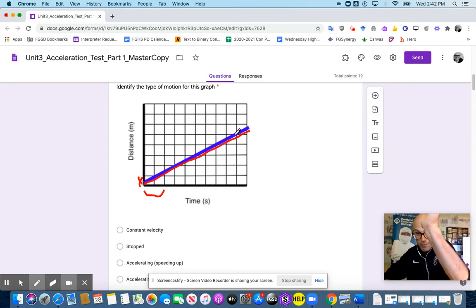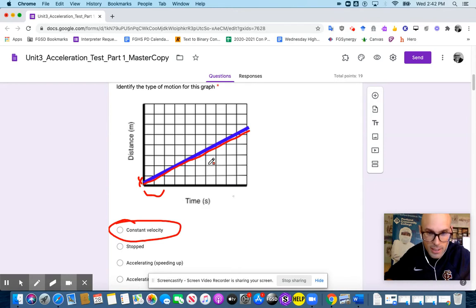It's not curving, it's straight. That means we have constant velocity there. If it was stopped, a stopped line would be flat because the distance is not changing over time. It's the same over time. If it was speeding up, it would be curved upward. If it was slowing down, it would be curved downward.